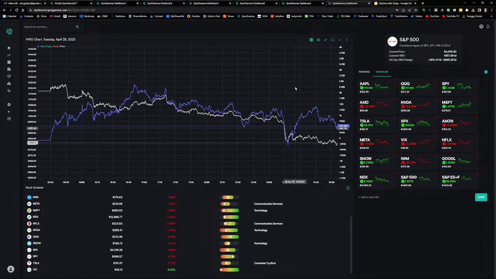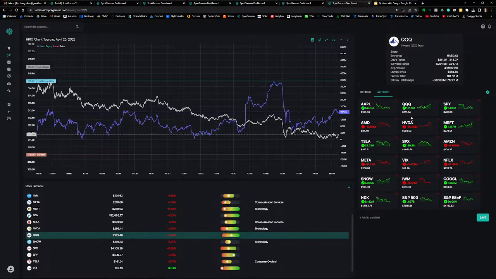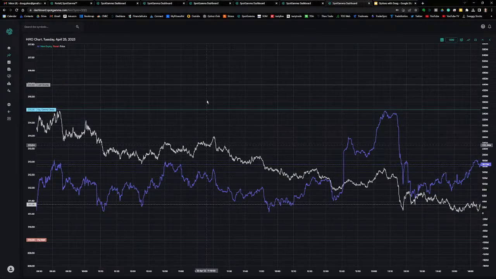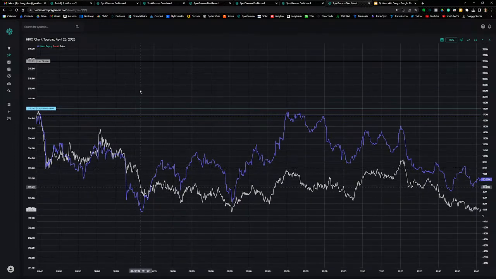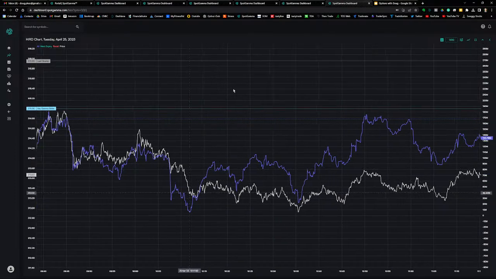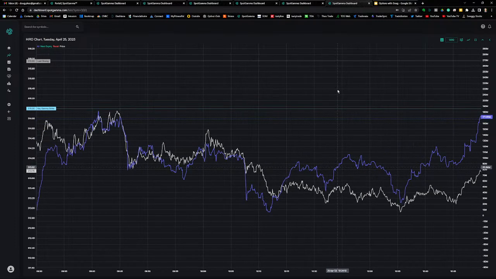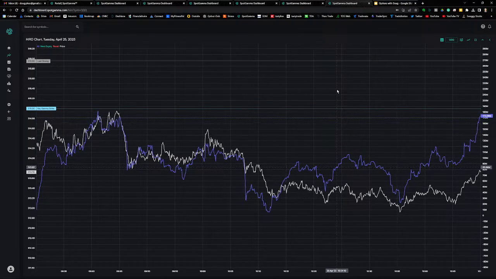So that's the total signal, all expirations, and really in sync after about 11:20 as well. All right, for the NASDAQ, we'll take a look at QQQ. At least in the morning, it was in sync with price action.